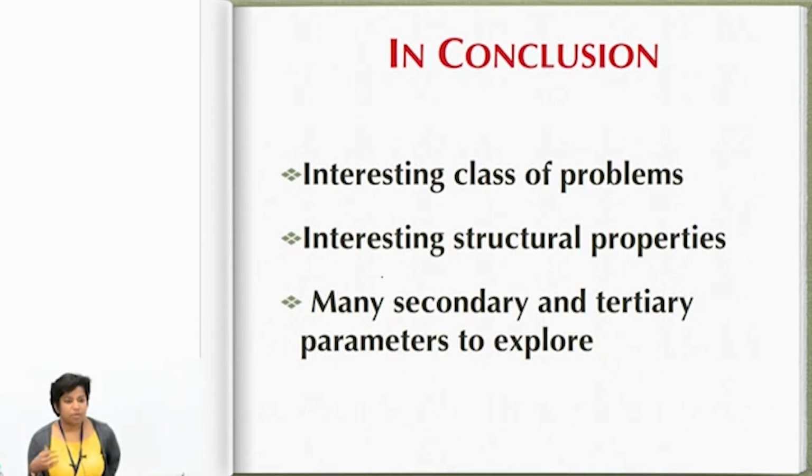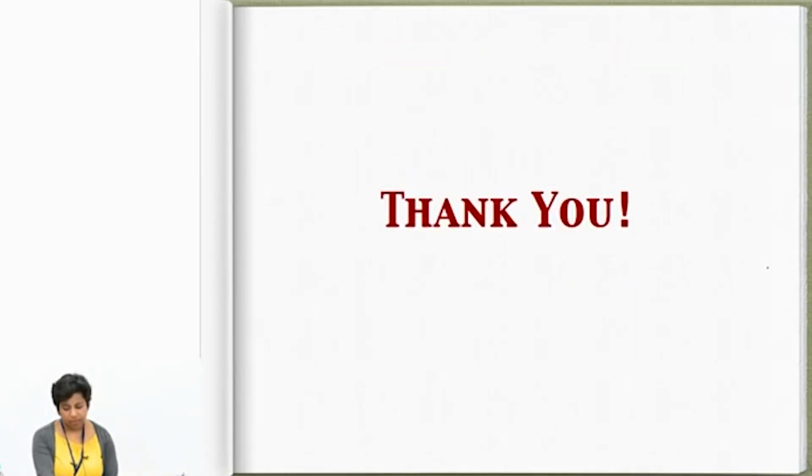It seems a reasonable parameter because, as I said, the number of upsets can always be expected to be a lot less than the number of matches played. But of course, you can come up with your other parameters that you think would always remain small. This is a particularly important thing when we are dealing with NP-hard problems, when you cannot expect to have a polynomial time algorithm, so then you're trying to settle for the next best thing. Okay? All right, so I think I'll stop with that. Thank you.